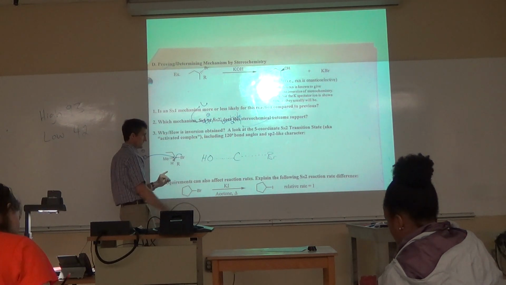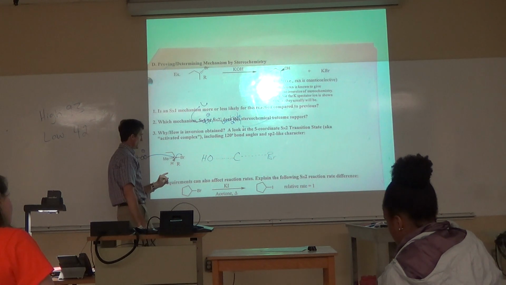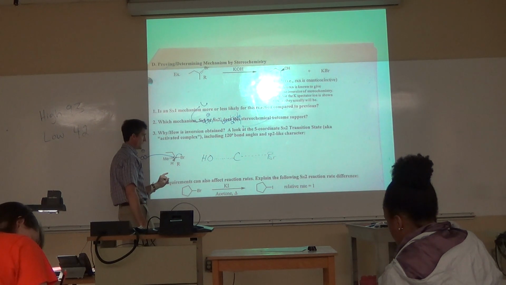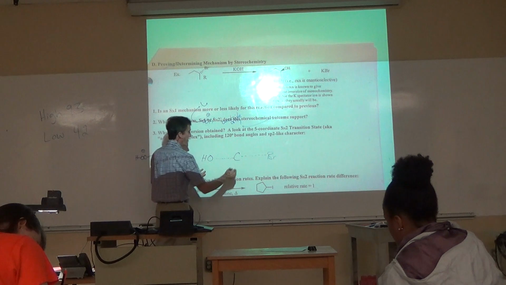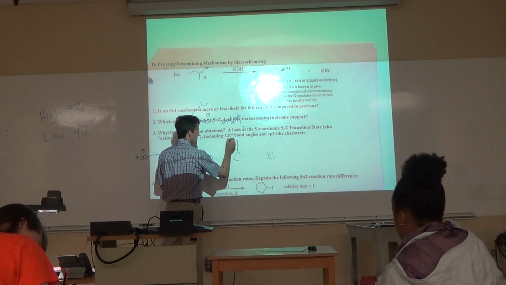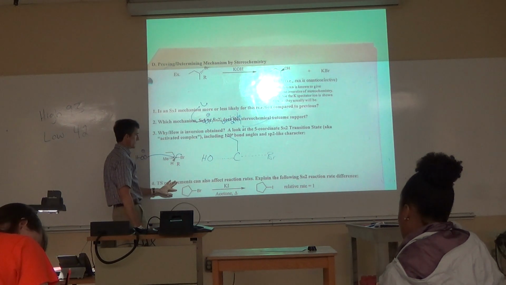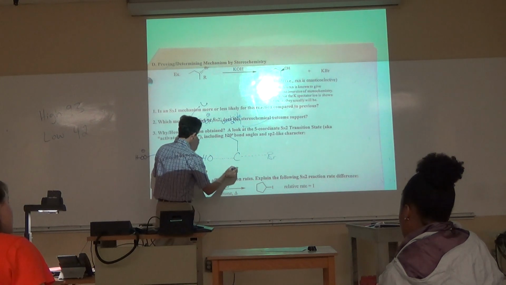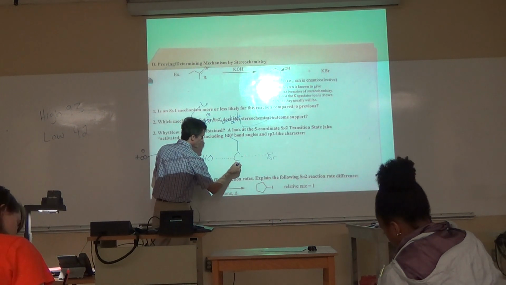That's supposed to be straight. The alpha we're going to draw straight up. The H, these two groups are actually eclipsed at this point.